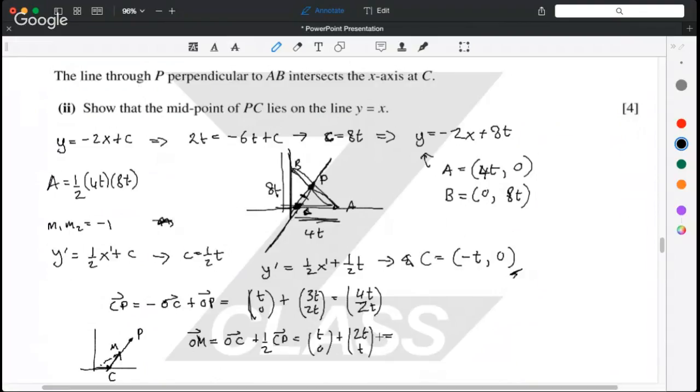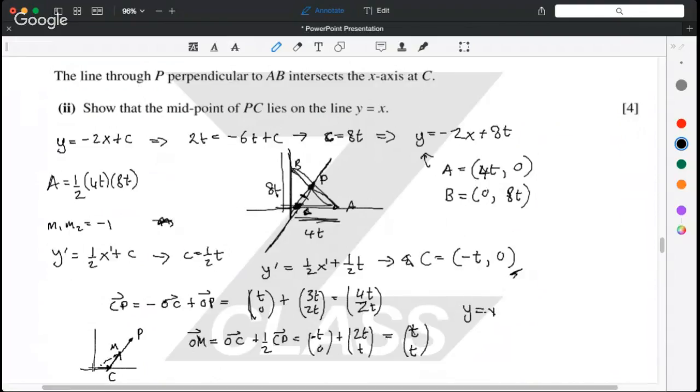Sorry, (-t, 0), oh yeah, sorry, minus t. Right, which gives you the point (t, t). Well, if M has the coordinates (t, t), then it obeys the equation y is equal to x.